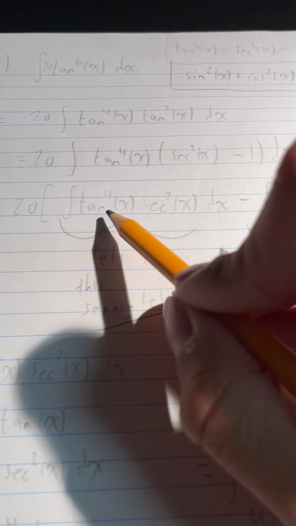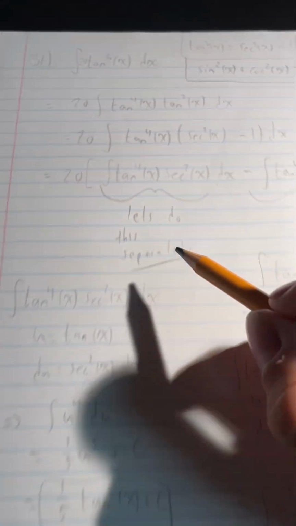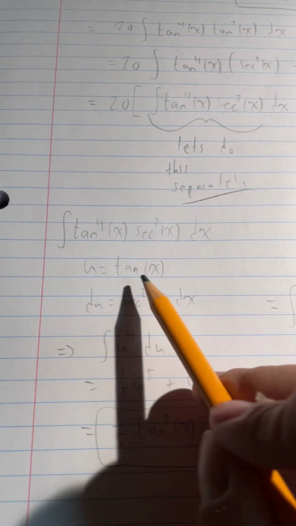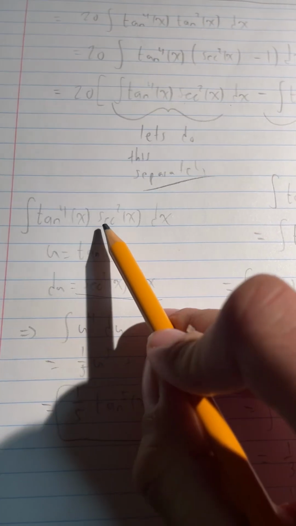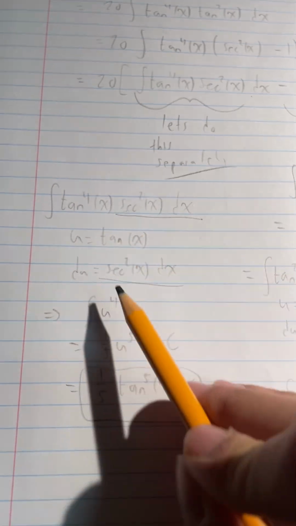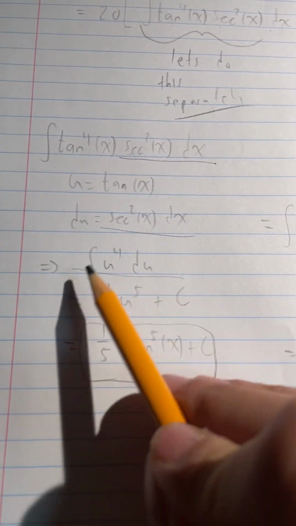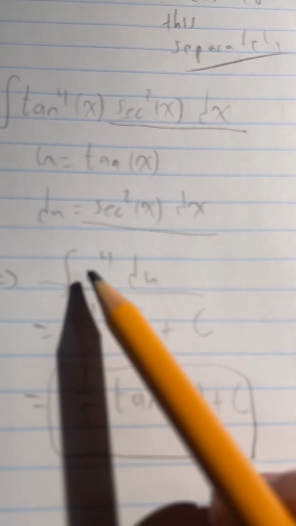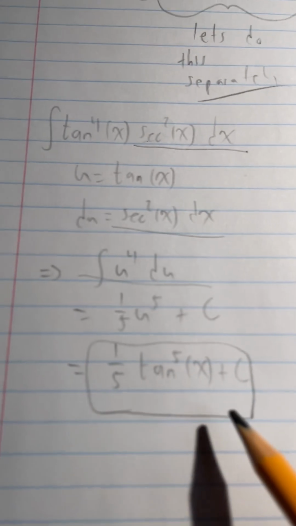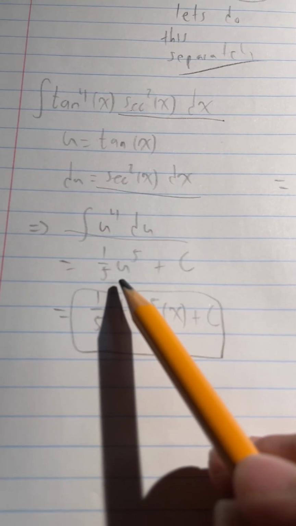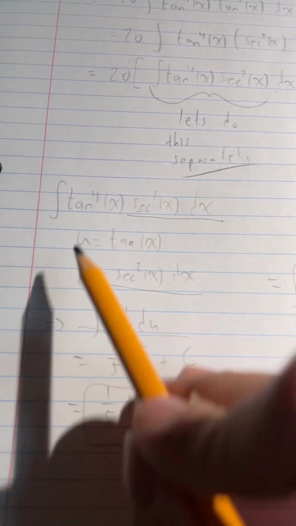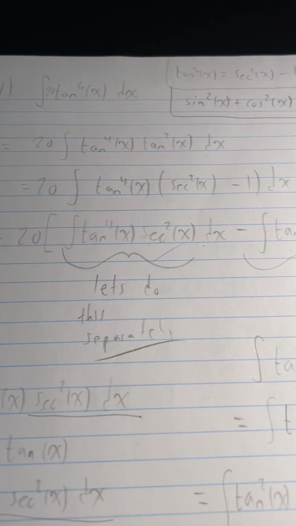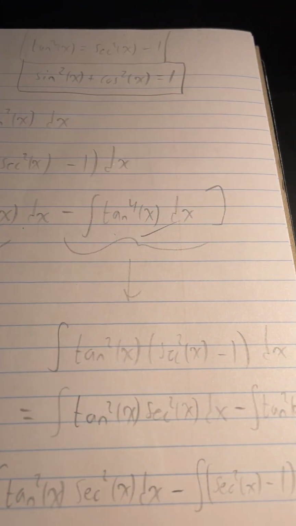So we're going to do a u substitution where if you set u equal to tangent of x, then du is secant squared x dx. And that's exactly what we want because it's right there. It simplifies down to just the antiderivative of u to the 4. We can do that with the reverse power rule, and then substitute back in. That's the antiderivative of this piece. So that piece is done. Now we just need to figure out what the other one evaluates to.